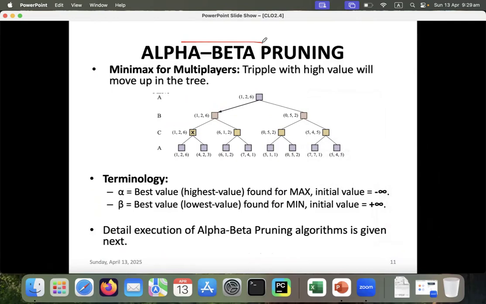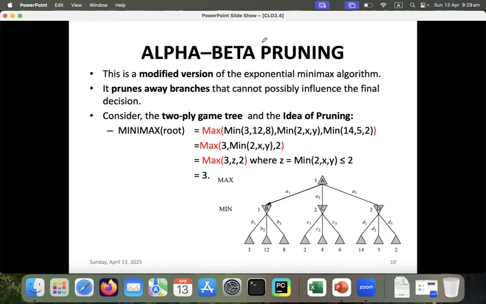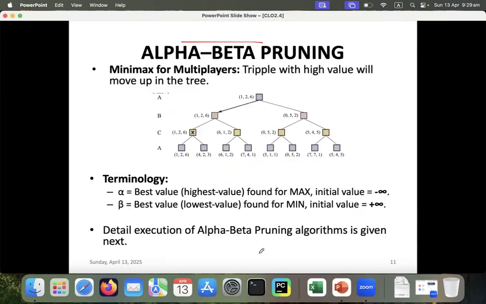Here we are using only one value, which can be for the max or for the min. But if you have 3 players, then you have to use 3 values on each node.